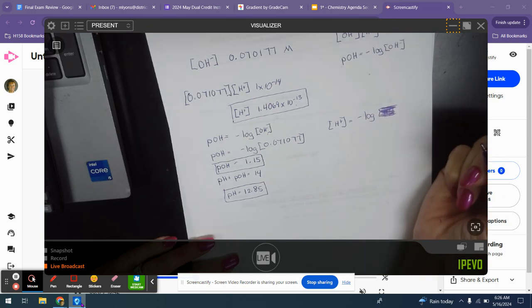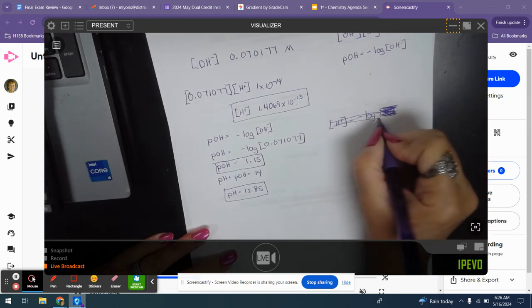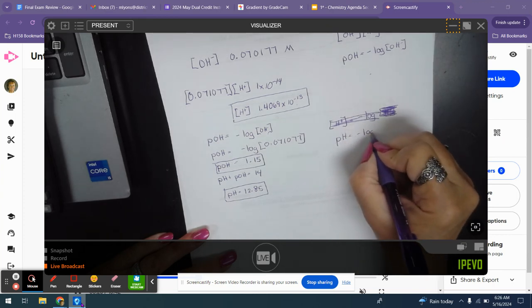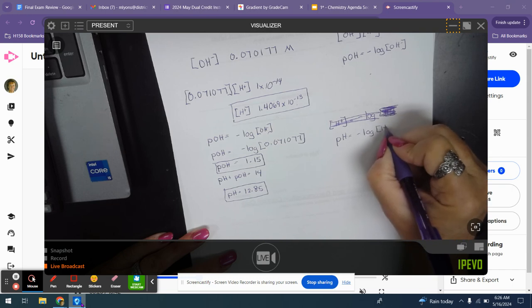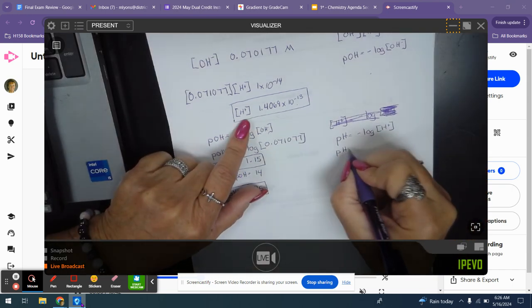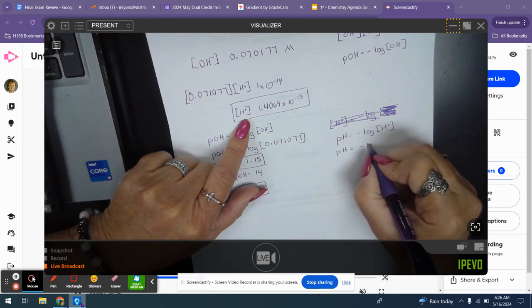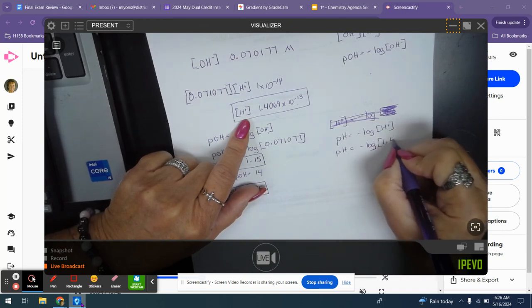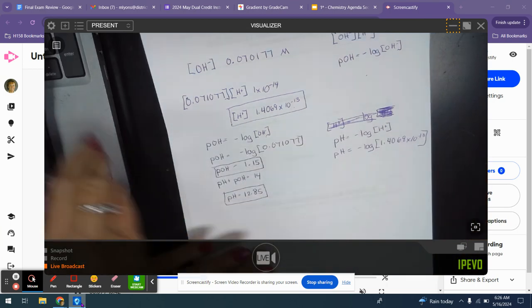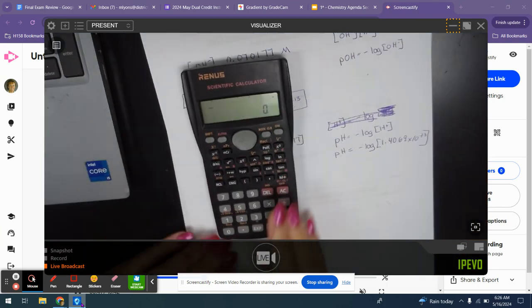Let's try this again. pH is equal to the negative log of the hydrogen ion concentration. So pH would equal negative log 1.4069 times 10 to the negative 13th. Let's do that.